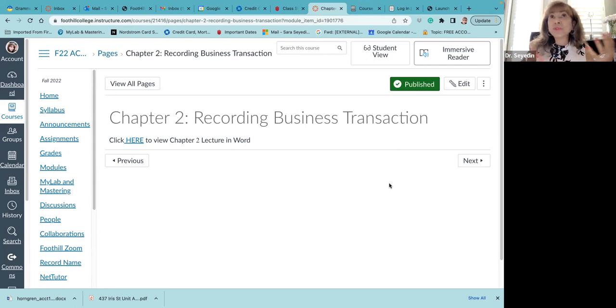I mentioned, for example, as assets, I mentioned cash, accounts receivable, inventory, land, building, equipment. Those accounts under the classification assets would behave in a certain manner.